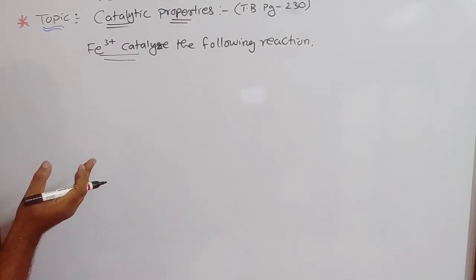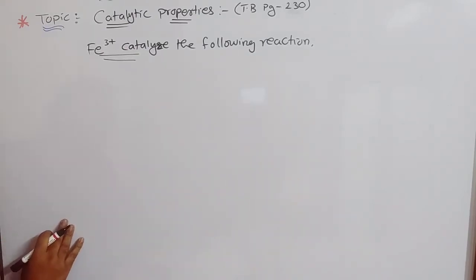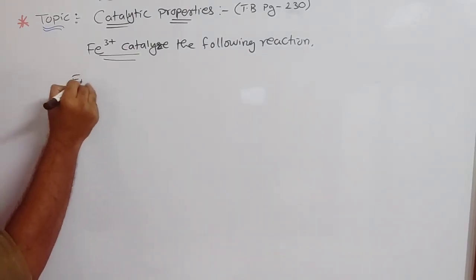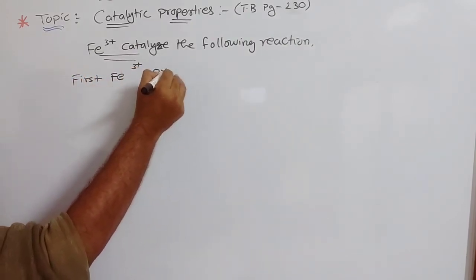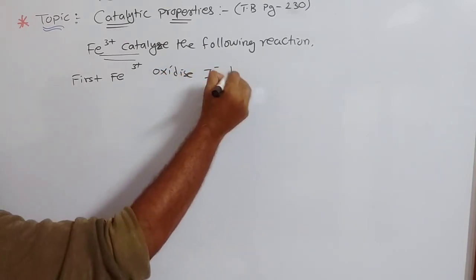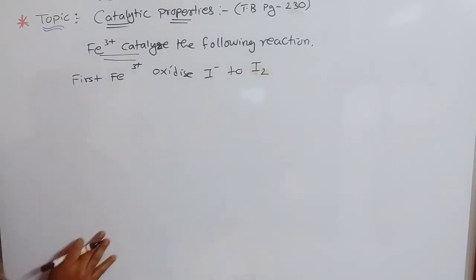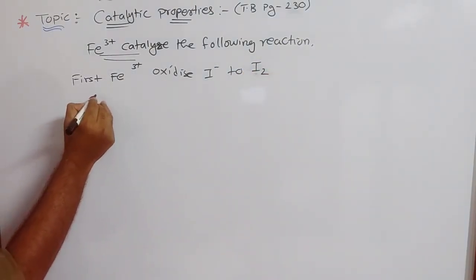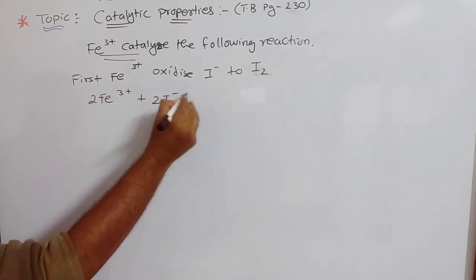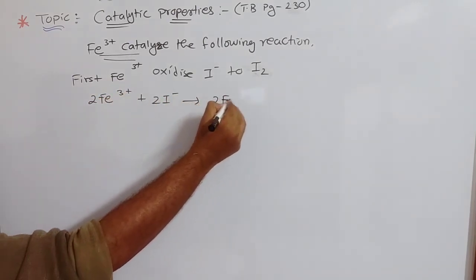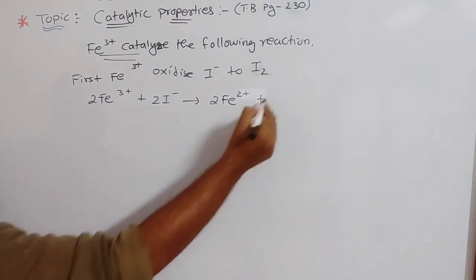Now a catalyst is the one which is only used for decreasing activation energy and increasing the rate of reaction. But at the end of the reaction, you can get that catalyst back. That is what is explained. First, Fe3+ oxidizes I minus to I2. In the first reaction, 2Fe3+ plus 2I minus gives 2Fe2+ plus I2.